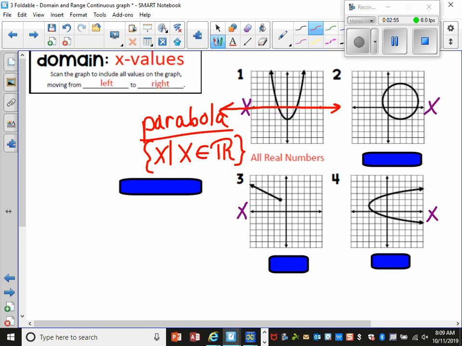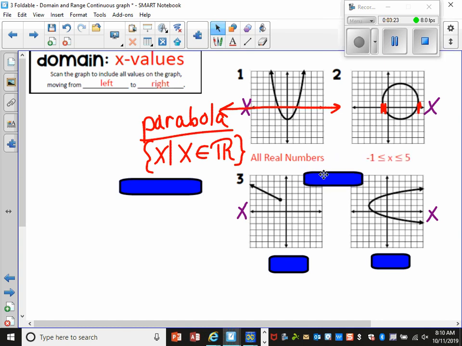Now, when we're looking at the circle in number 2, from left to right, we can see that it stops here and over here. So we have a range of x's. We can't list every single x value that's there because there are some in between, so we give a range.